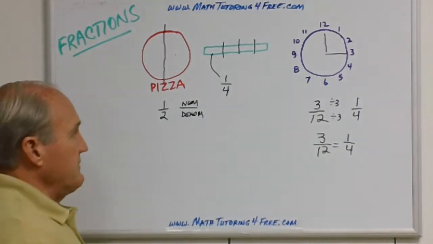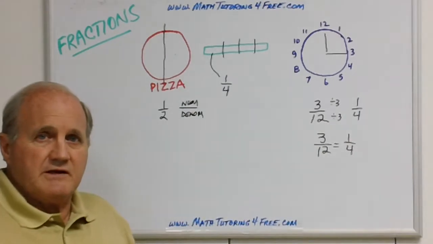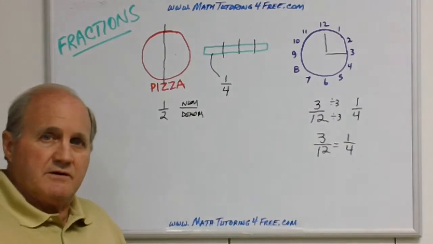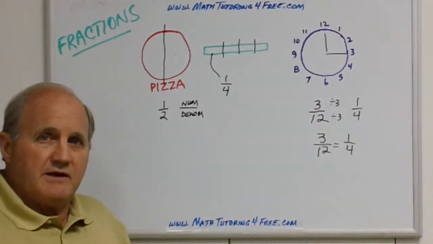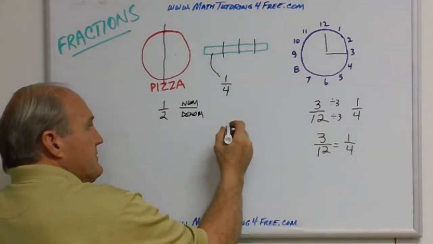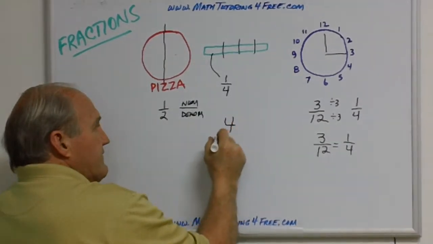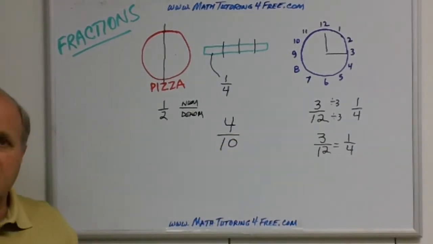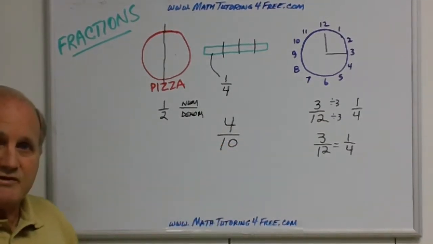One of the things we want to be able to do is convert fractions, whether we're raising them to a higher denominator or a lower denominator. We want to convert fractions so that they're of equal value, and that's the key. Whatever you do to the numerator, you must do to the denominator. Take the fraction 4 over 10. I can divide both the 4 and the 10 by the number 2.